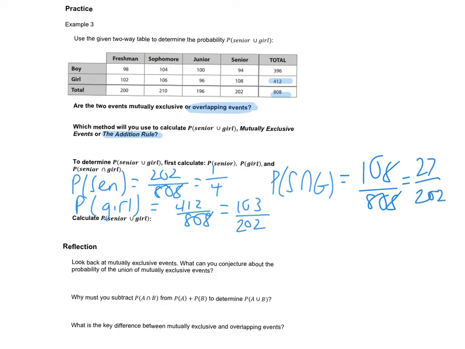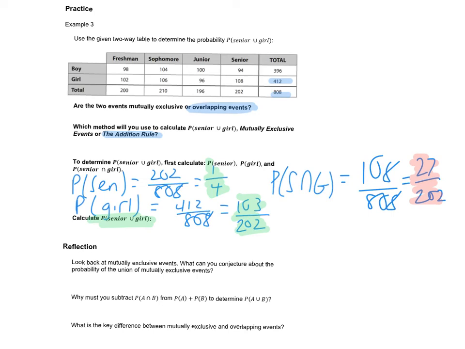All right, so to calculate the probability of senior union girl, we have to use the addition rule. So we have to add together this plus this minus this, right? And so you don't have to do it by hand. Put it in your calculator, for goodness sakes. Use parentheses.